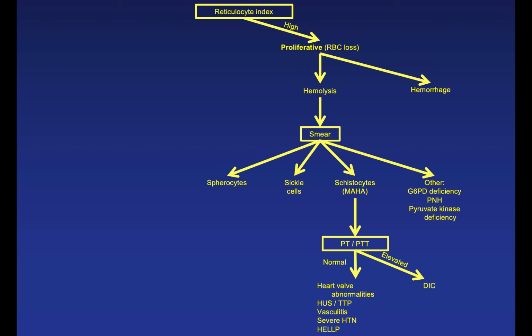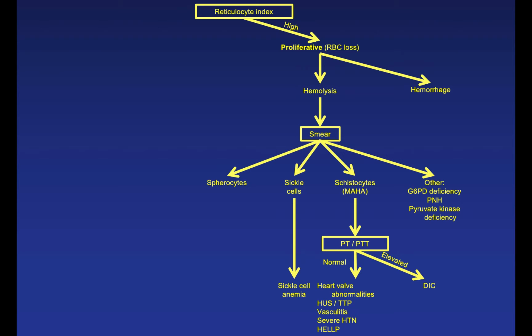But if the PT and PTT are normal, then we're dealing with all the non-DIC causes of MAHA, such as heart valve abnormalities like a mechanical aortic valve, for example, HUS, TTP, hemolytic uremic syndrome, or TTP, vasculitis, severe hypertension can do it, and also HELLP, hemolysis, elevated liver tests, and low platelets, which is seen in obstetric patients.